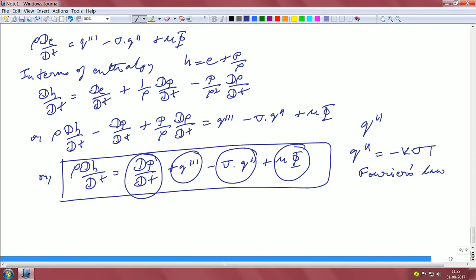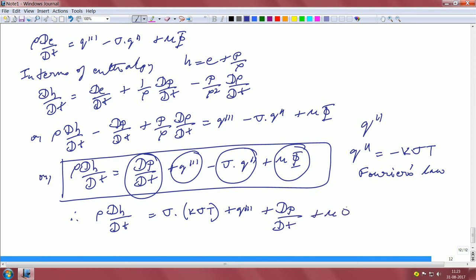Therefore, what we have is dH/dt equals k del squared T plus q triple prime.